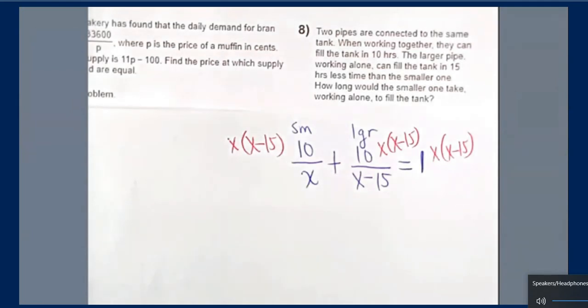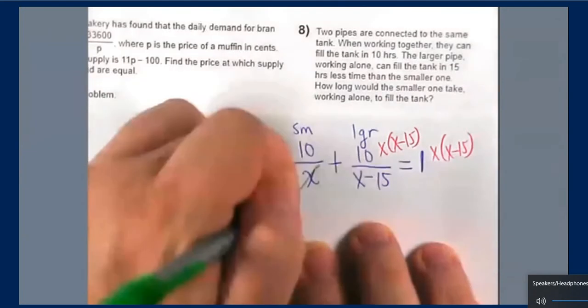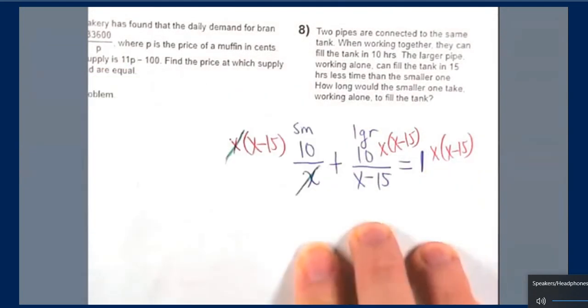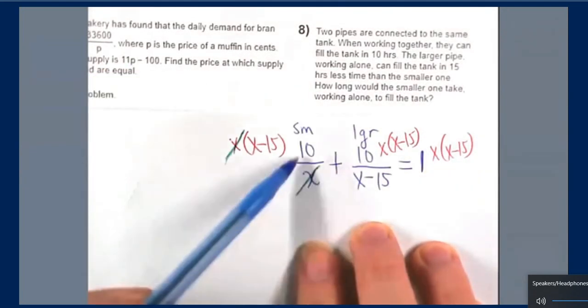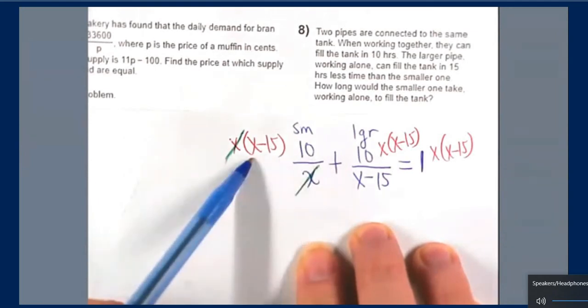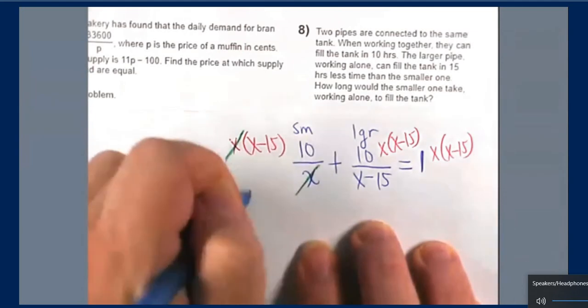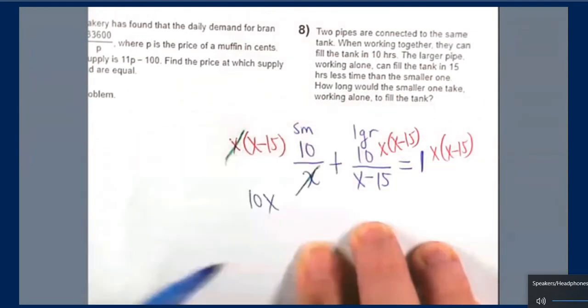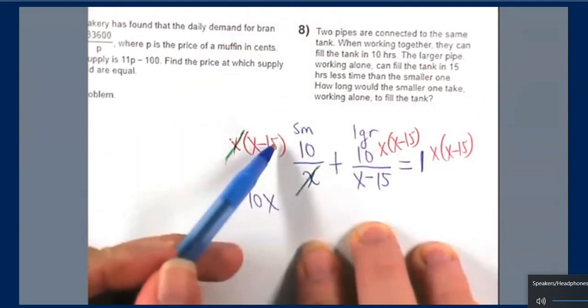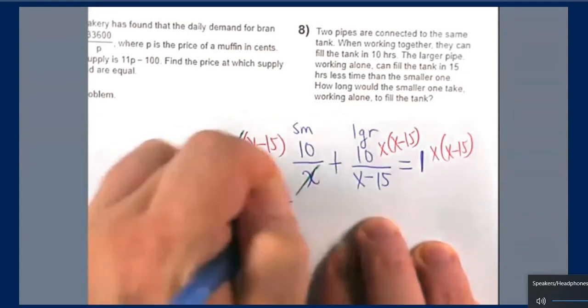For the first fraction, the x's cancel. And when you multiply that 10 times x minus 15, 10 times x is 10x. And 10 times negative 15 is negative 150.